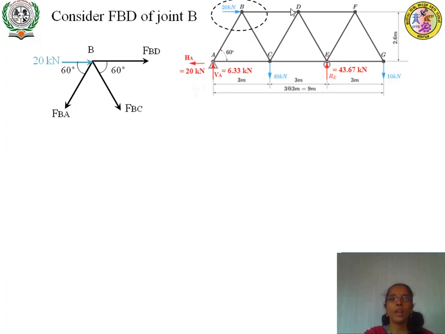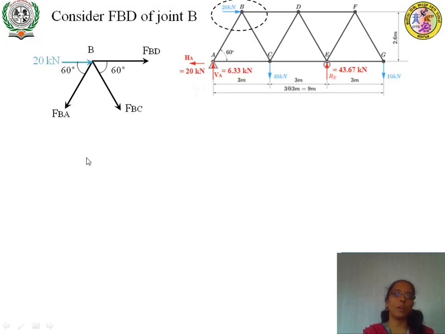Once you know how to draw the free body diagram, you can draw it directly, with no need to show these imaginary cuts. This is the free body diagram of joint B. The BD member is there, so the force in that is FBD. We have the BC member, so the force in that is FBC, and we have a member BA, so the force in BA is FBA.